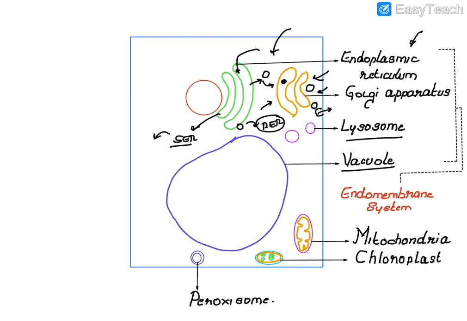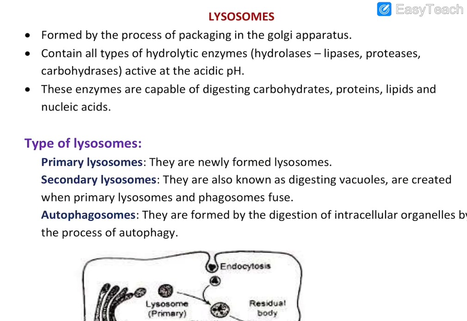Now we are going to discuss the structure of the lysosome, the types of lysosome and their function. Later we'll discuss the vacuole. Lysosomes are single-membrane-bound cell organelles produced from the Golgi apparatus. They contain different types of hydrolytic enzymes, which can break down proteins, lipids, carbohydrates, and even nucleic acids.